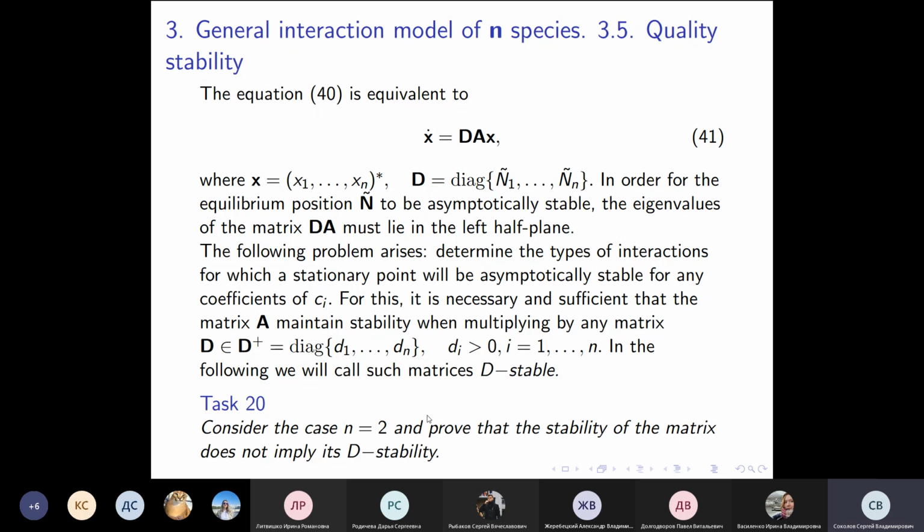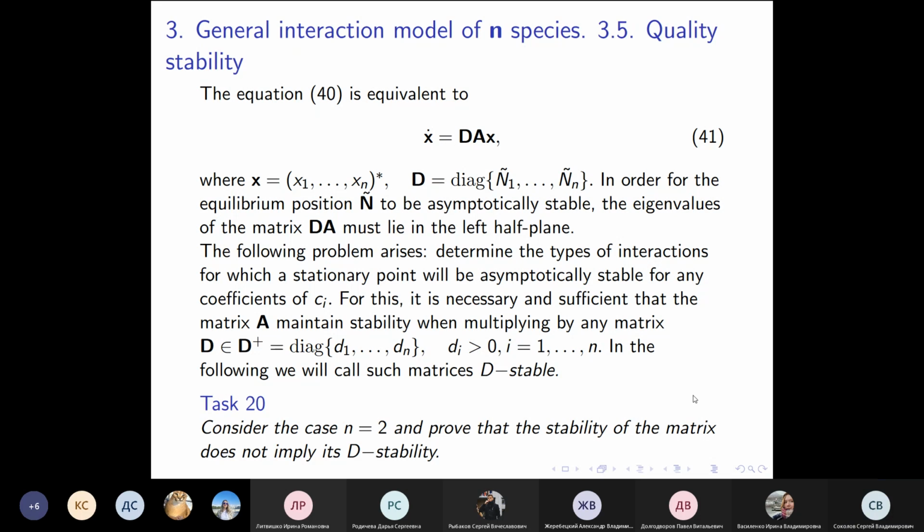If the matrix DA is stable for any positive diagonal matrix D, then we call the matrix A D-stable. So not every stable matrix A is D-stable, and you can prove it.